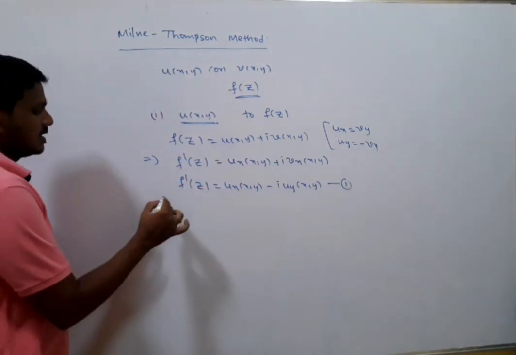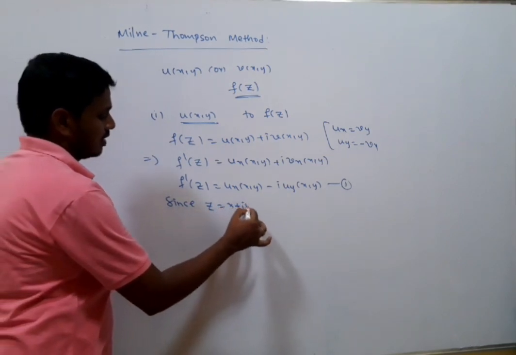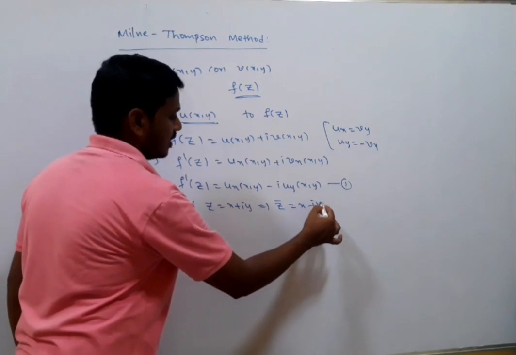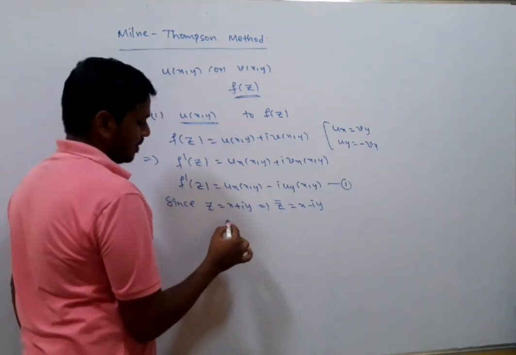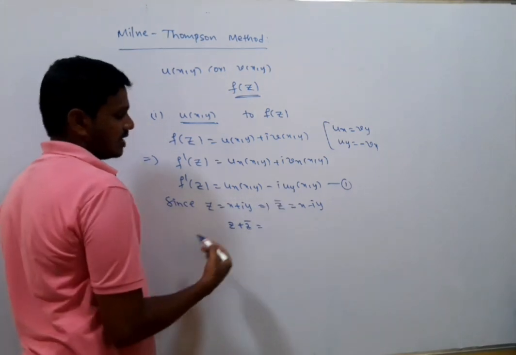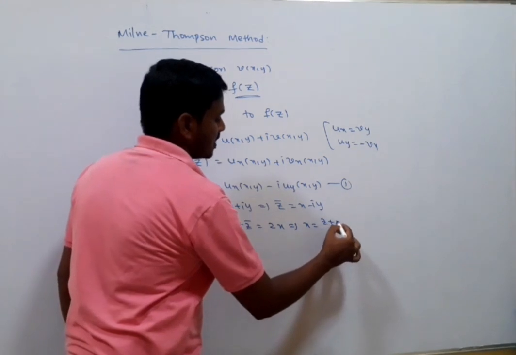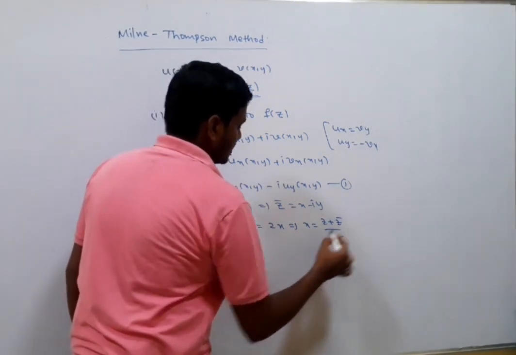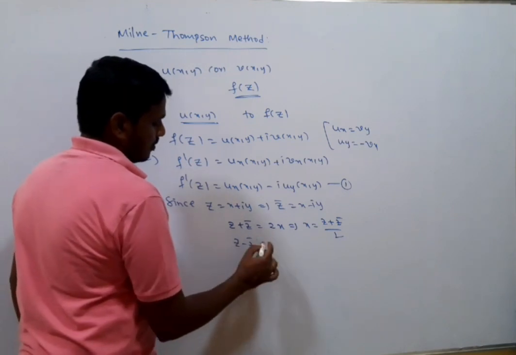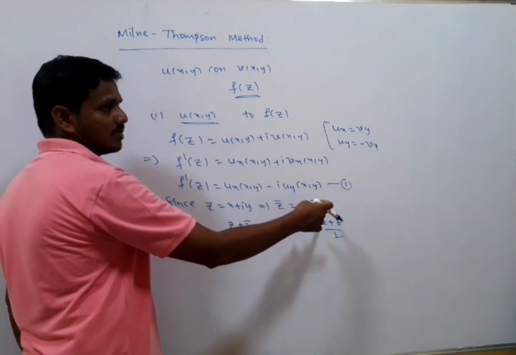Since z is equal to x plus iy, that implies the conjugate of the complex number is z bar equal to x minus iy. So from this, z plus z bar is equal to what? In z plus z bar the iy gets cancelled, it is 2x. From this we can write x is equal to z plus z bar by 2. In the same way, z minus z bar is equal to x plus iy minus x plus iy.